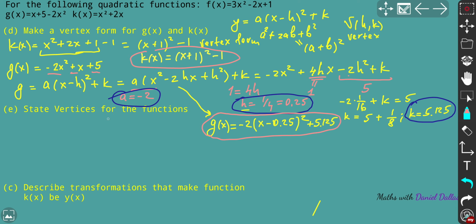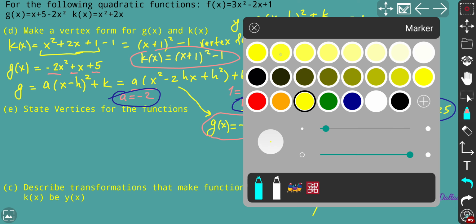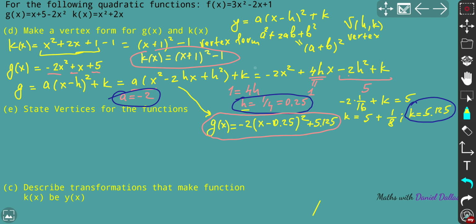Now state the vertices for the function. All right, so for g of x, I'll have negative 0.25, so it's going to be positive, so the h vertex is 0.25 and the k value is 5.125. So that's the x coordinate of the vertex and this is the k coordinate of the vertex.